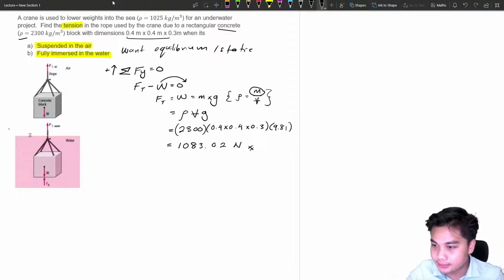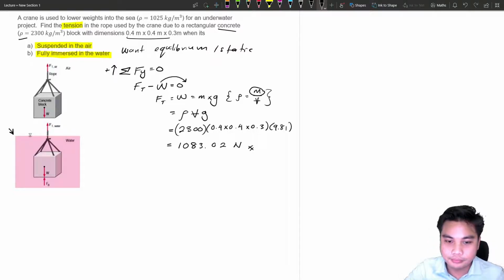This is the case. When this is immersed into the water, we have the weight, we have the tension force, and we also have the buoyancy force, which is acting upward, causing this block to float inside the water.